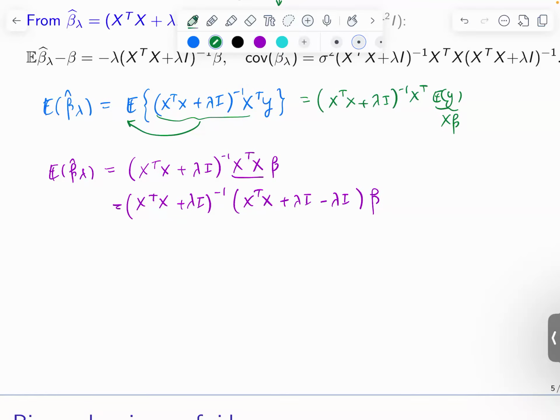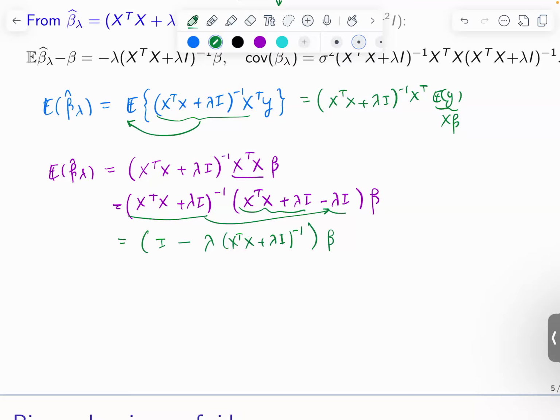You separate it, and the first term multiplied by the same matrix inverse gives me I. The other one gives me minus lambda times X transpose X plus lambda I inverse. And then I get beta. So that's this matrix times the second term.